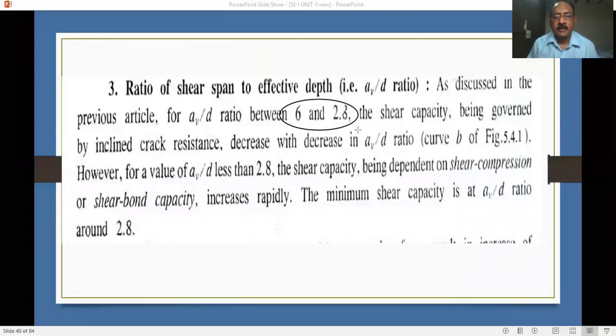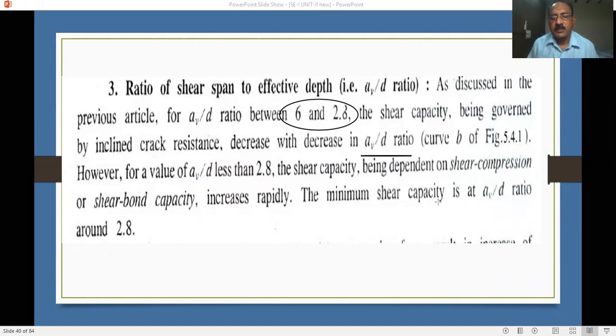This is governed by inclined crack resistance. As a_v by d ratio decreases, that is the curve in the figure shown in IS 456. If a_v by d is less than 2.8, shear capacity depends upon shear compression, and shear bond compression increases rapidly.